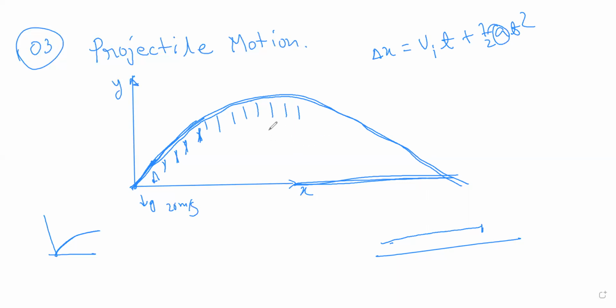Why? Because g is always working in the opposite direction, right? In projectile motion, we are going to discuss this stuff. I'm not going to discuss the whole theory, because it will take a long time and the video will become very long.